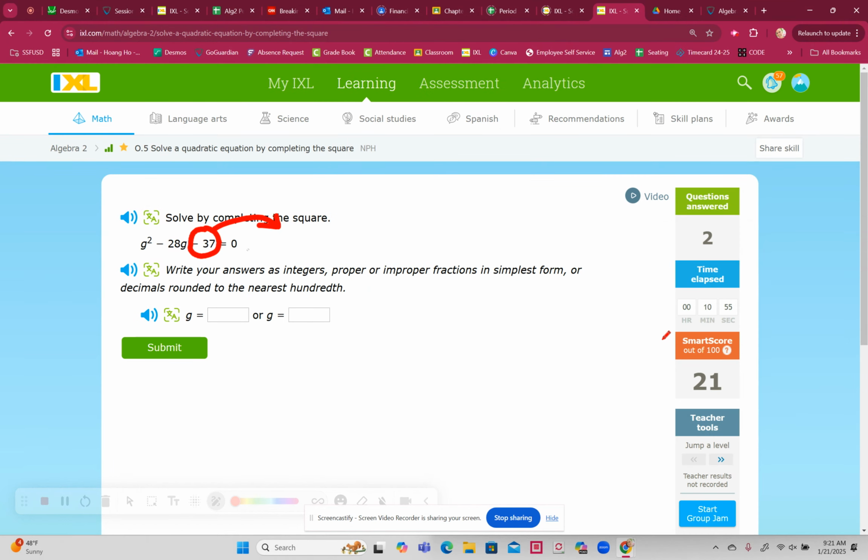So the first step is move the constant number negative 37 to the right side. So now you come out g squared subtract 28g equal 37. Okay. Ashley, can you find the b for us? Negative 28. All right. b over 2.